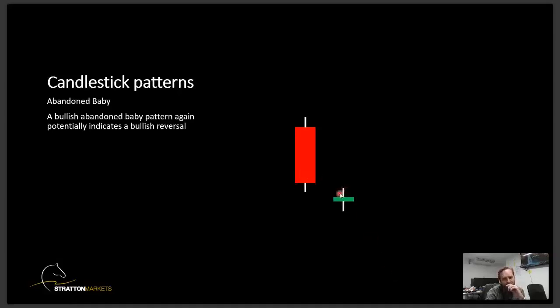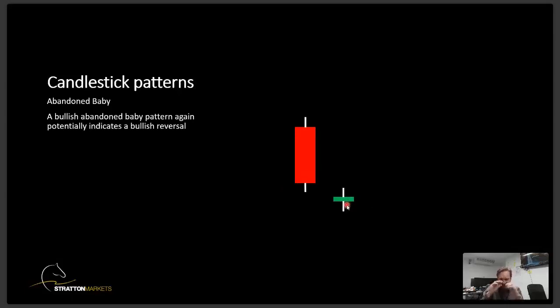Now, first of all, it has to open with a pretty big, reasonably sized gap from the previous bear candle. The other thing is it has to have a very, very thin body, i.e. the open and close has to be very close together.